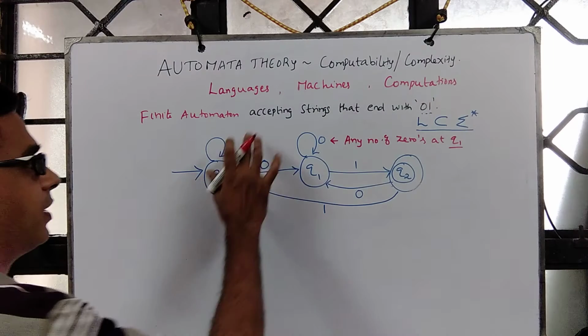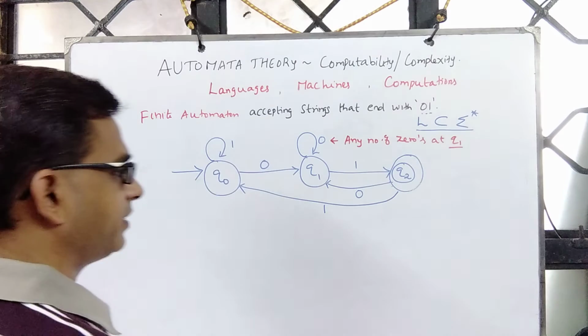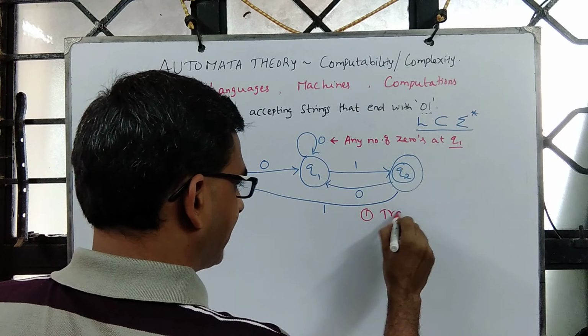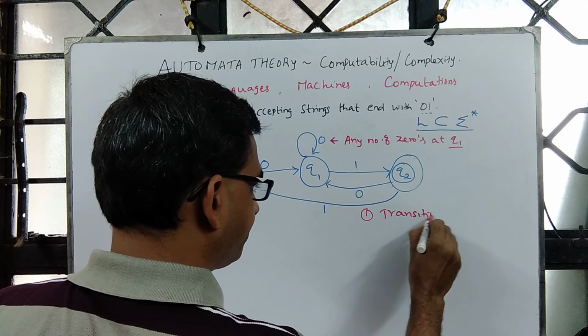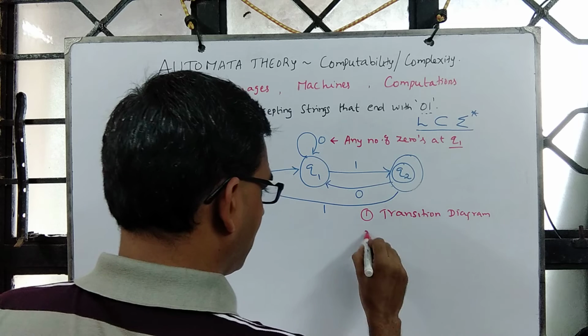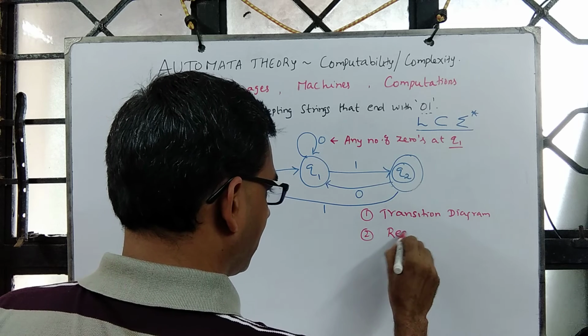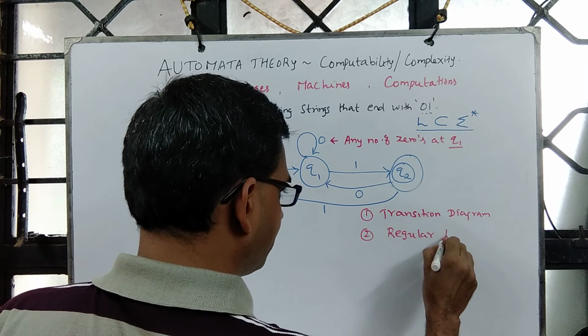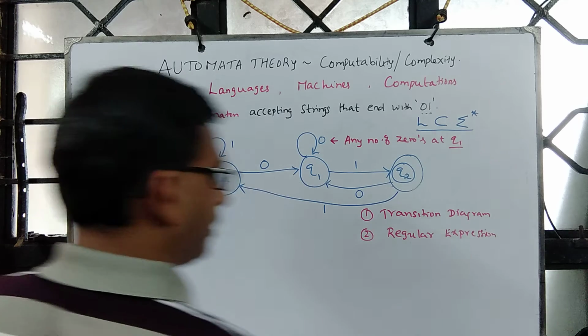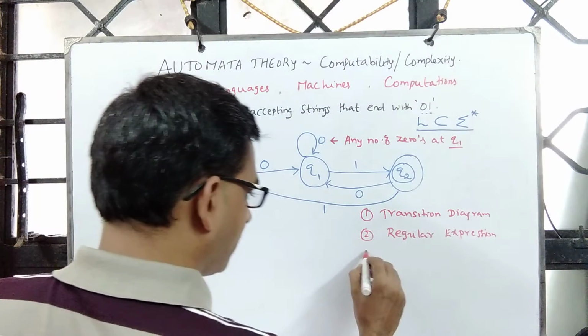So for a finite automaton accepting this, one can come up with a transition diagram. That's one. Or one can come up with a regular expression. So these two we have seen.